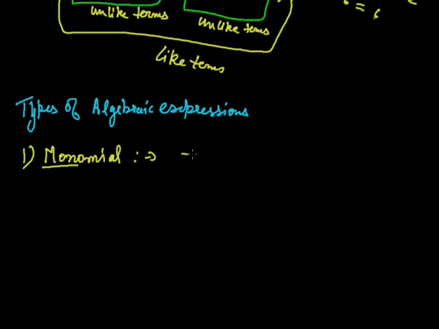For example, minus 2xy is a monomial, minus 3x is a monomial, and 5x square y square z is also a monomial. These three are examples of monomials, since these expressions contain only one term.